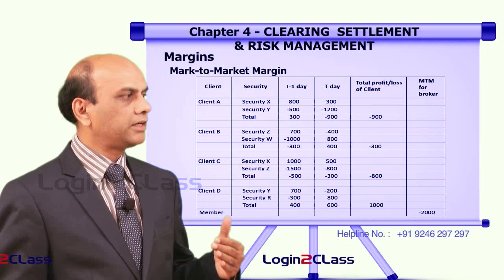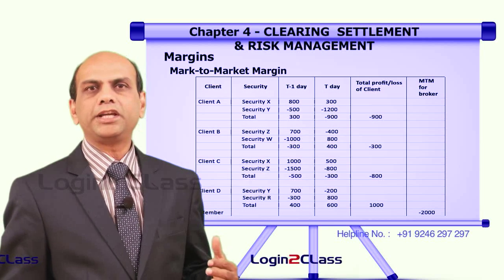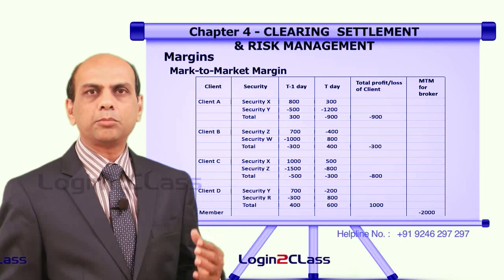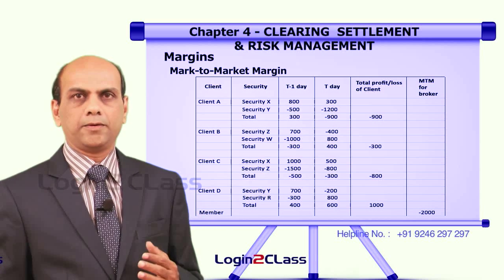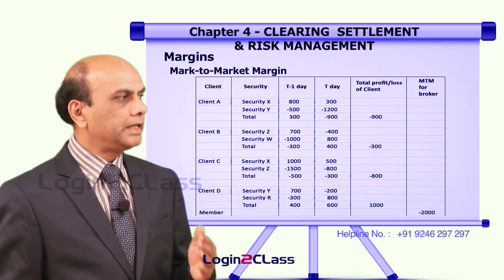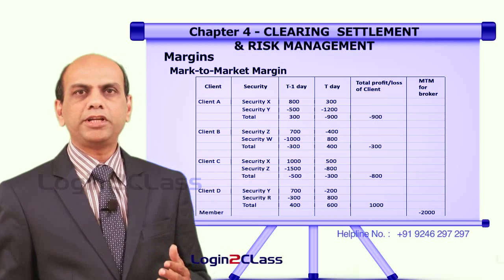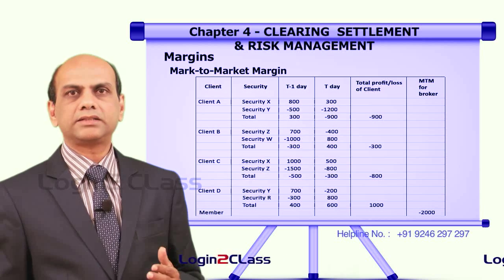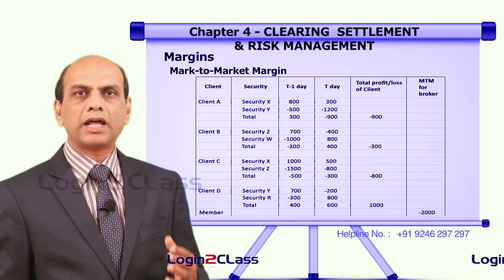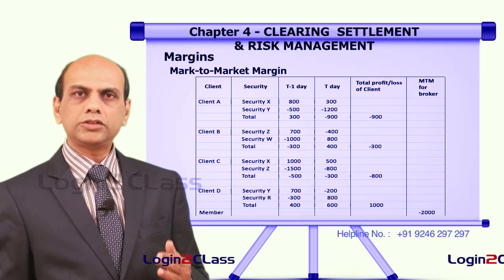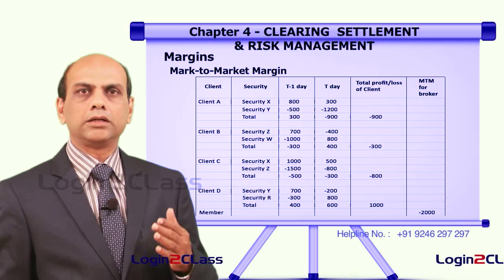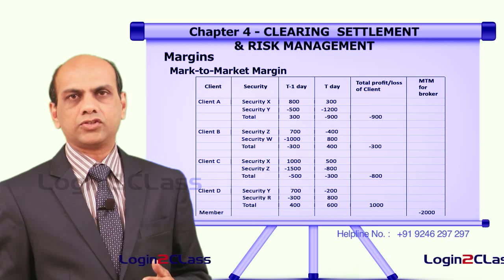So on T minus 1 day there is no MTM calculated which can be imposed on client A. Only on T day there will be an MTM loss of minus 900 which the client will have to pay to the trading member, and this trading member will in turn pay to the exchange.